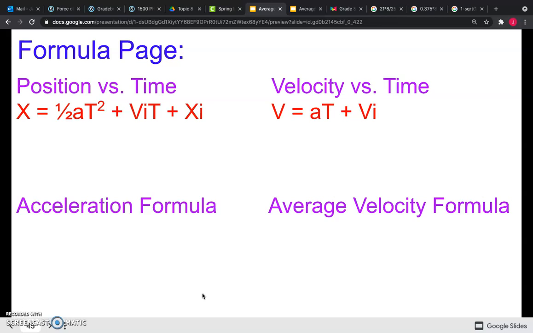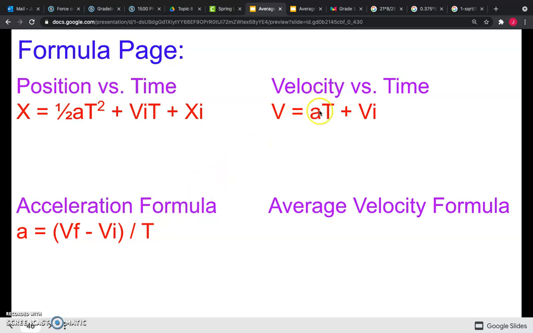Acceleration formula, we learned this one last time. It's acceleration equals v final minus v initial divided by t. Really, that's just an algebra manipulation of the velocity versus time formula. If we think of v as actually being v final, we subtract v_i over and then divide by t, and we end up with this formula right here. So these two are actually the same formula.